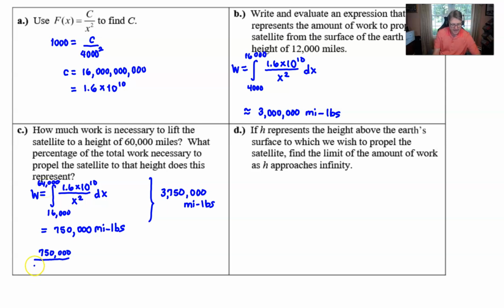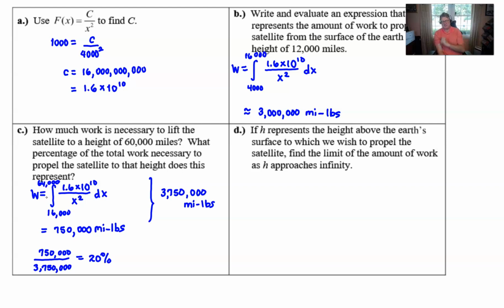And if we divide that by the original 3,750,000, that's the total work to get it from the Earth's surface to that 60,000 mile distance above the Earth's surface. In a calculator, this is going to give you 0.2. That's 20%. And so you can see that only 20% of the amount of work is required to take it this longer distance.